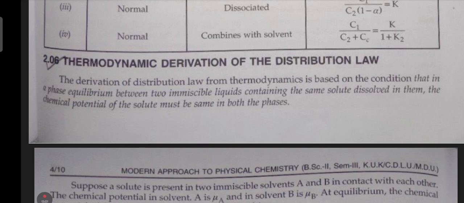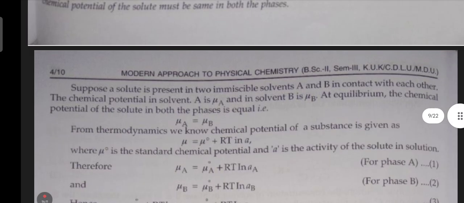Now we will discuss the thermodynamic derivation of the distribution law. The derivation of the distribution law from thermodynamics is based on the condition that in the phase equilibrium between two immiscible liquids containing the same solute dissolved in them, the chemical potential of the solute must be the same in both phases.